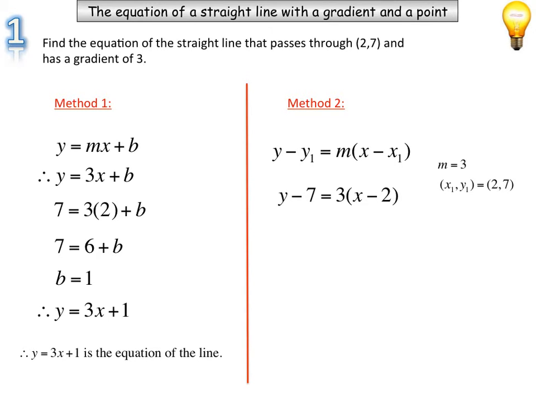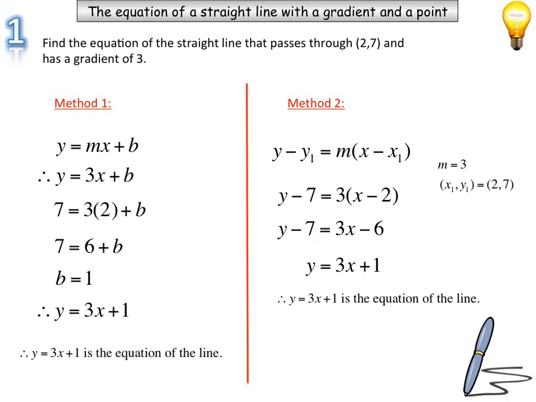I can now expand the brackets and then add the 7 to that side to get it in the same form as in the previous method. So you've got two methods to calculate the equation of a straight line. The first one is from your gradient intercept form, and the other one is from our new equation, y minus y1 equals m brackets x minus x1.